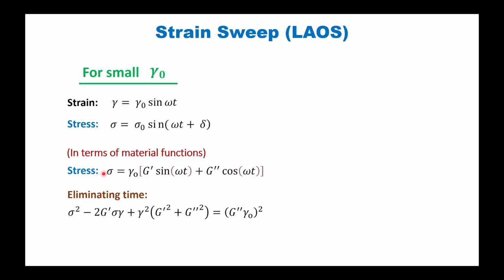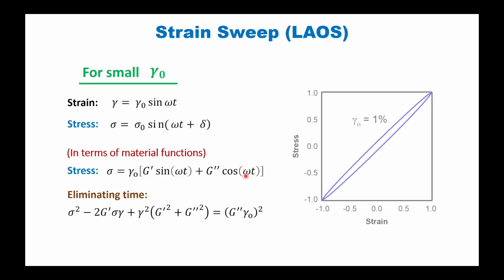You can also turn this relationship into something in terms of G prime and G double prime, which are material functions, with simple mathematical treatment to eliminate time. You have this kind of relationship, and what it shows is that when the strain amplitude is small, the strain-stress plot, otherwise called the Lissajous curve, traces a pure elliptical path, as you can see.